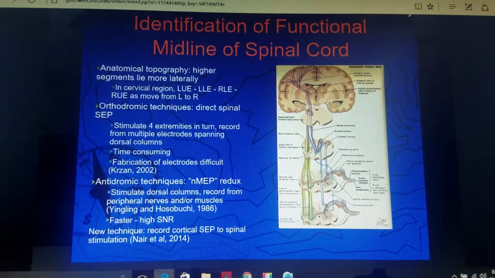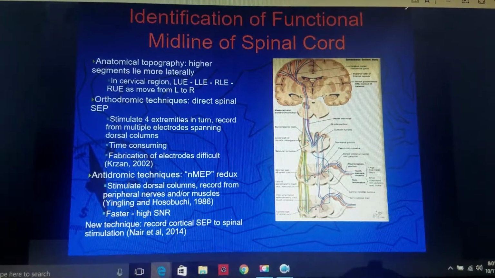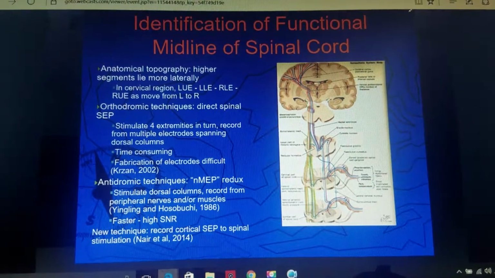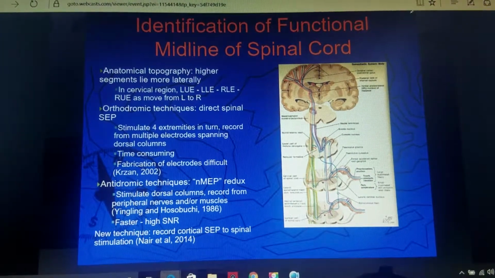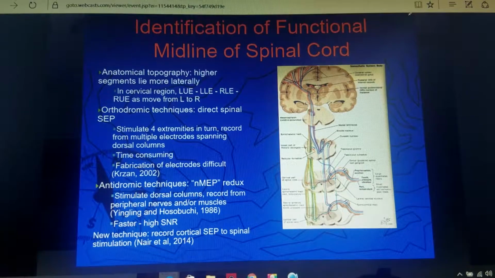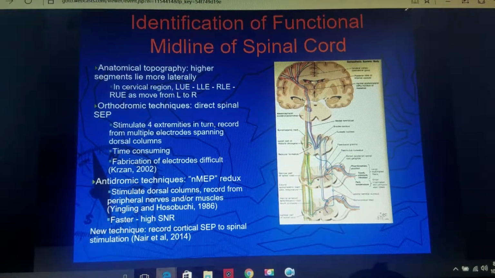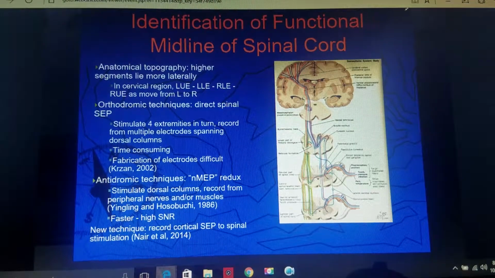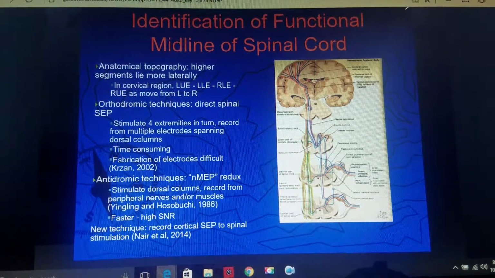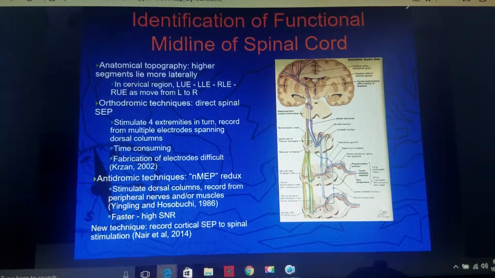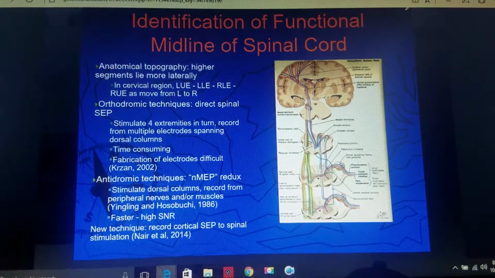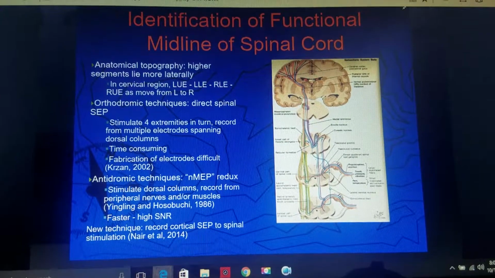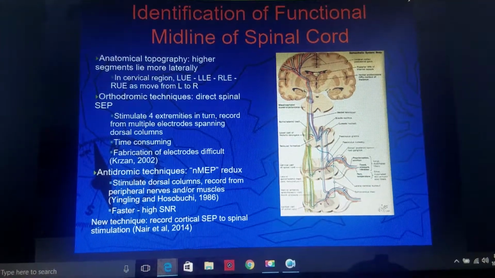What we showed way back, over 30 years ago now, is that you can stimulate the dorsal columns and record antidromic nerve action potentials from peripheral nerves, and you can even use the NMEP fact that the sensory nerve synapses on the motor nerve, so you can get recordings from peripheral muscles as well.